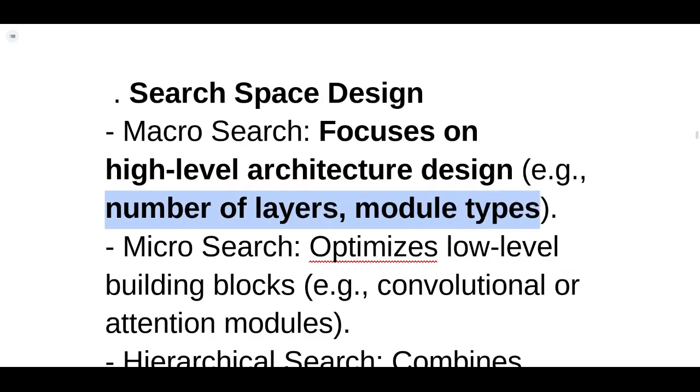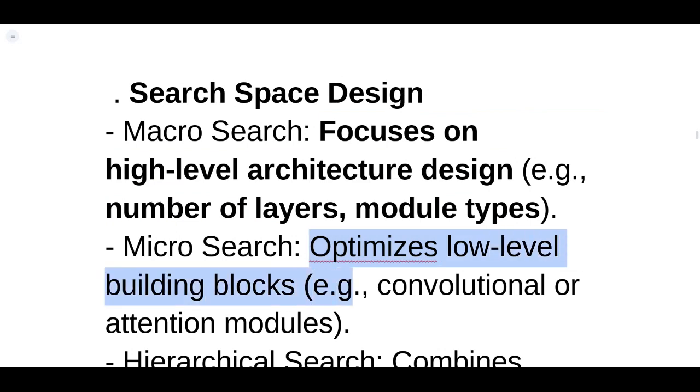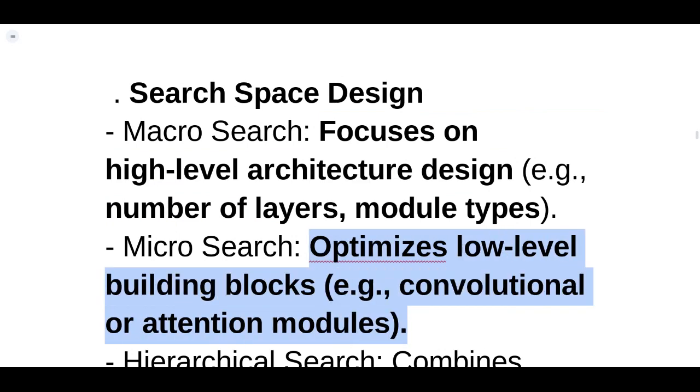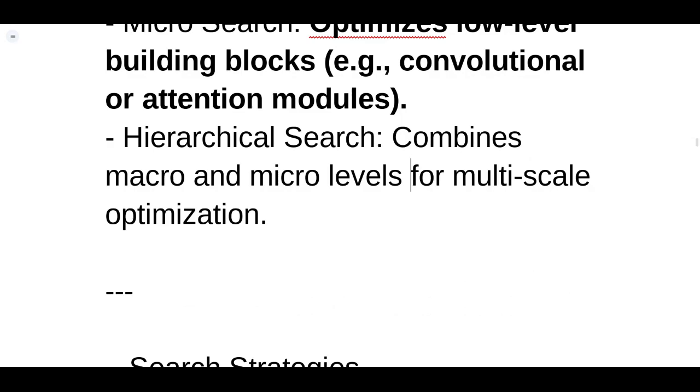Micro search optimizes low level building blocks, for example, convolutional or attention modules. Hierarchical search combines macro and micro levels for multi scale optimization.